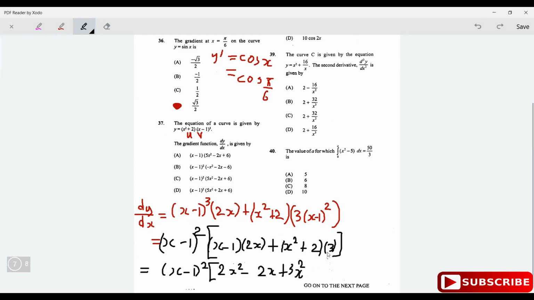And then 3 times 2 is 6. Now what do I want you to observe? 3x squared and 2x squared is 5x squared. And so that looks like option C, 5x squared minus 2x plus 6. That's option C.